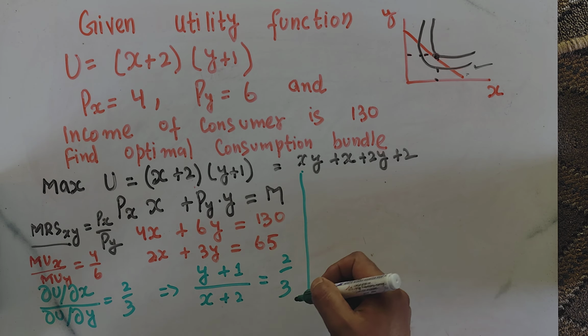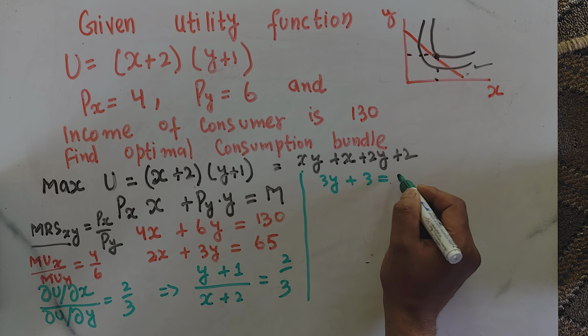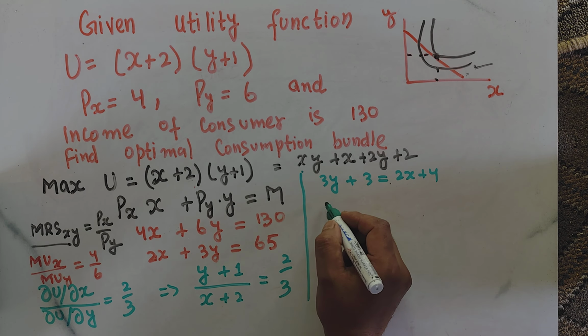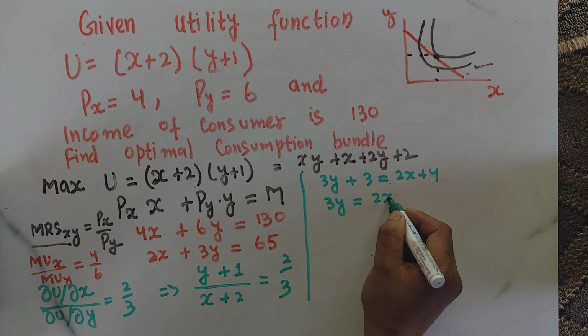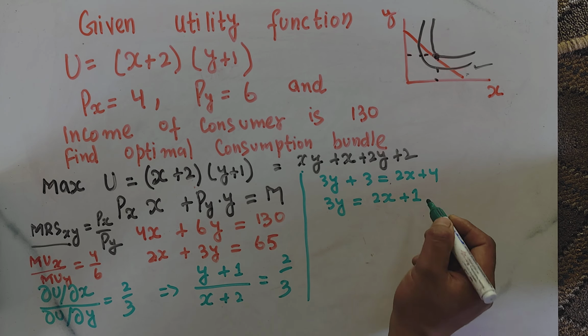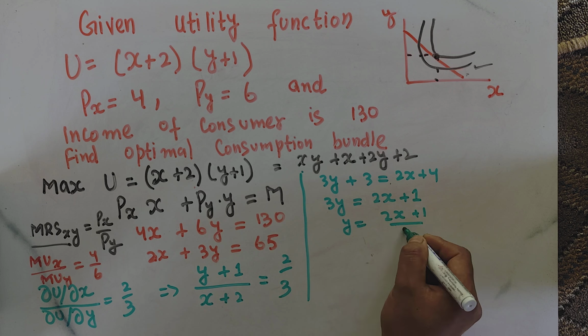Doing cross multiplication here, we have 3y + 3 = 2x + 4. Solving for y, we get 3y = 2x, and transposing the 3 here, it gets subtracted, we get 1 only, or y = (2x + 1)/3.